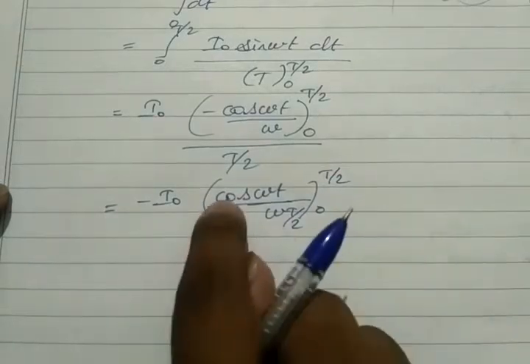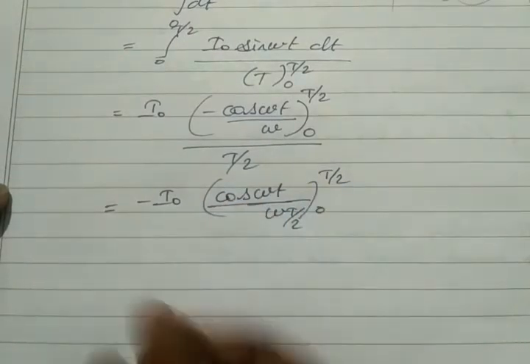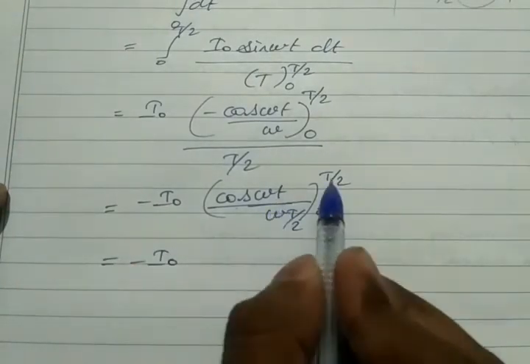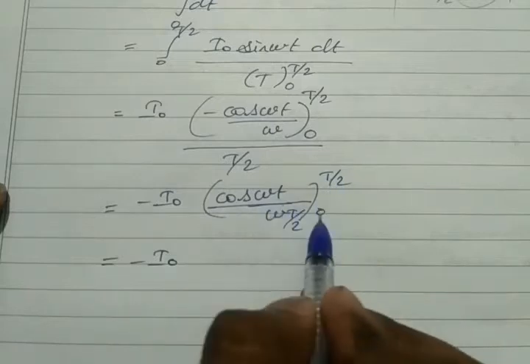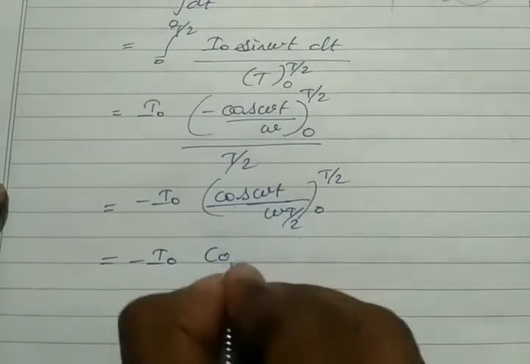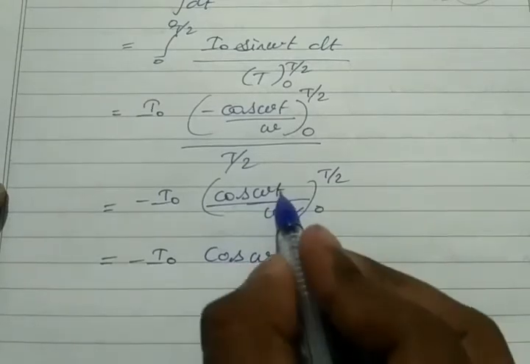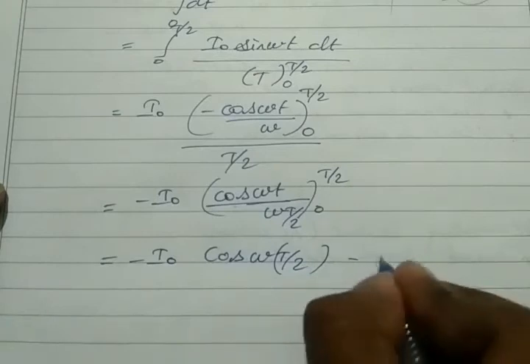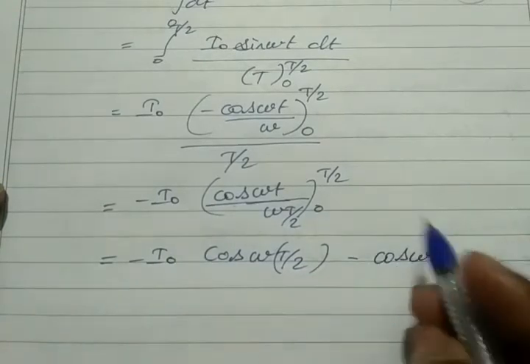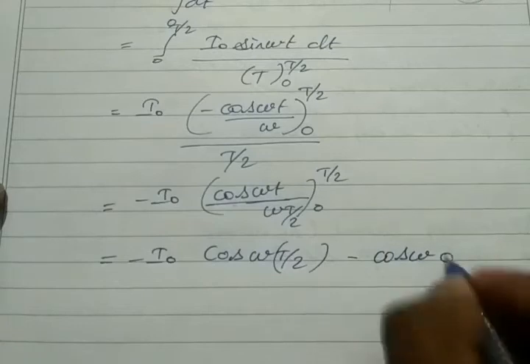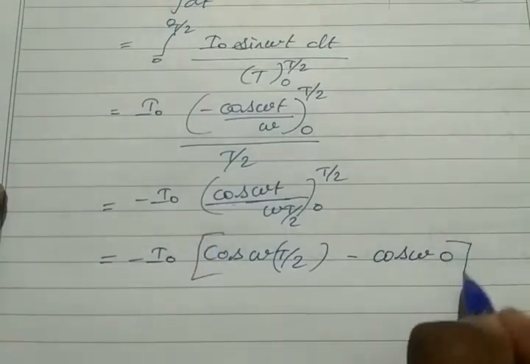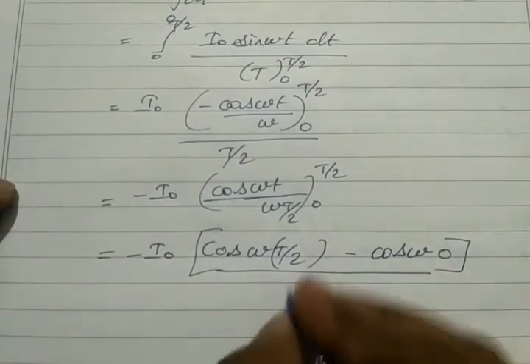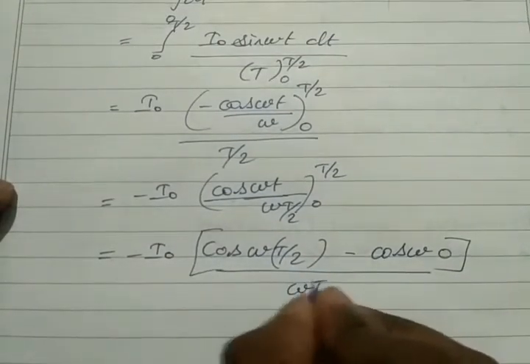Okay, so for this term we have 0 to T by 2. Then substitute the limit: instead of t substitute T by 2, minus, instead of t substitute 0. We have cos omega, instead of t substitute T by 2, minus cos omega, instead of t substitute the lower limit 0. In the denominator we have omega T by 2.